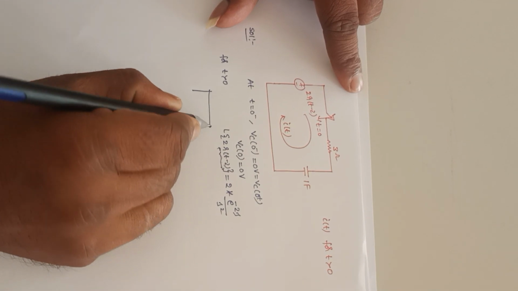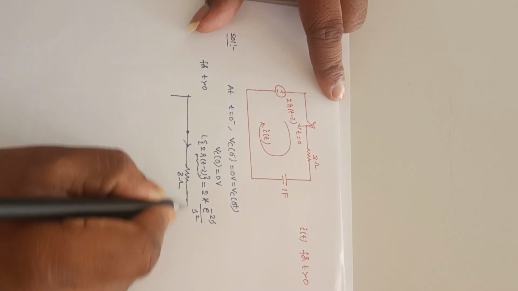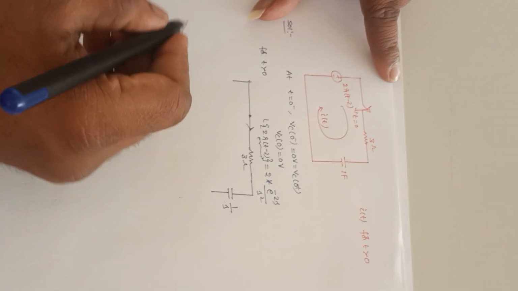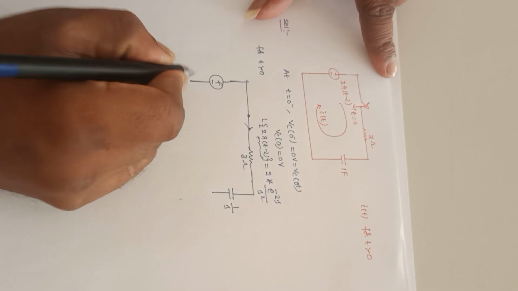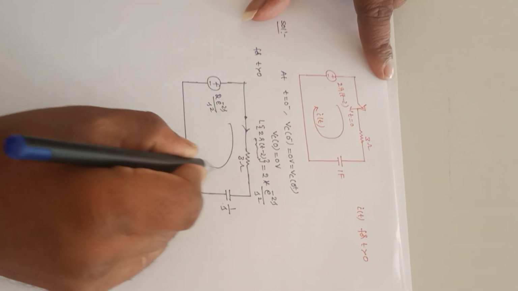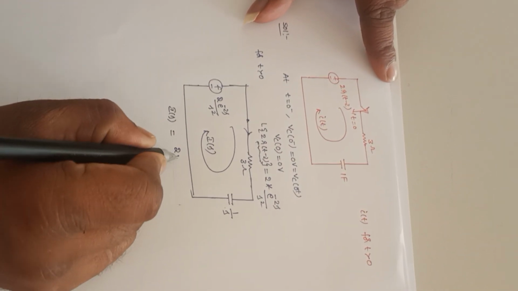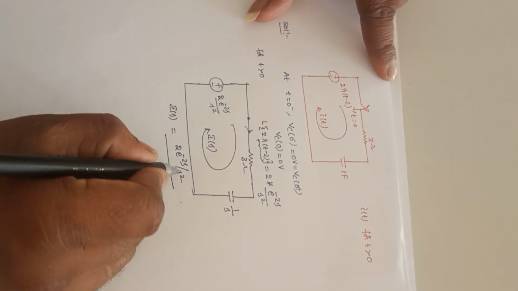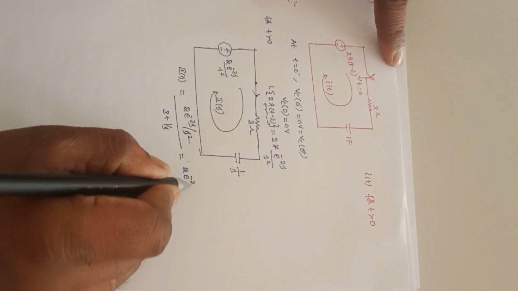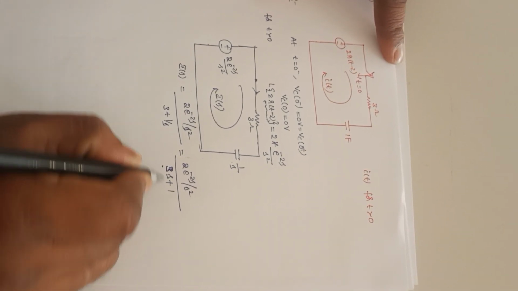Now this input is given at t is equal to 0, close the switch, and this value is 3 ohms, and the capacitance is 1 by cs, that is 1 by s since C is 1 here, and the excitation here is 2 into e power minus 2s divided by s square, and this is I of s. Now I of s is equal to 2 into e power minus 2s divided by s square, divided by 3 plus 1 by s, that is equal to 2 into e power minus 2s divided by s square, divided by 3s plus 1 divided by s.